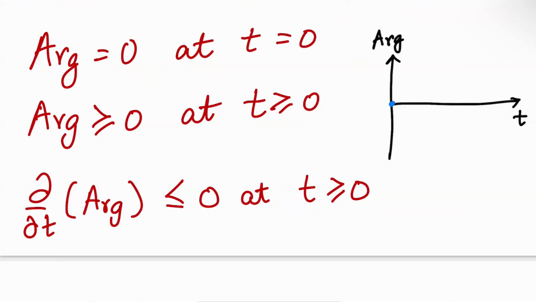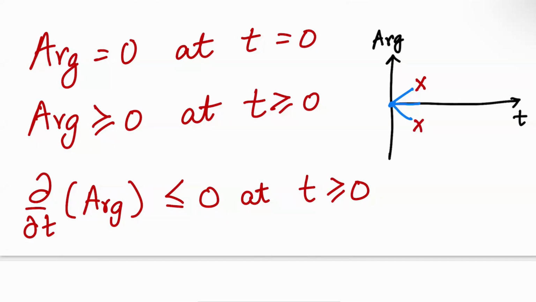But for the argument to grow above 0, you need a positive derivative, and that's not allowed. The argument can only have a negative derivative because of the third condition, which means that starting at 0, it can only remain the same or decrease. But decrease is also not allowed.